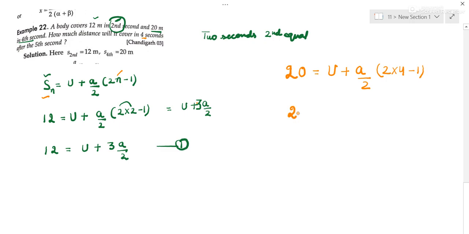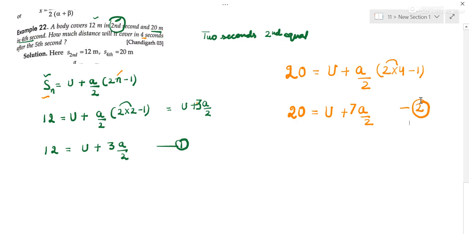So it's 20 equals U plus A by 2. You can see 8 minus 1 is 7. This is my second equation. Now I can solve these two equations for U and A.